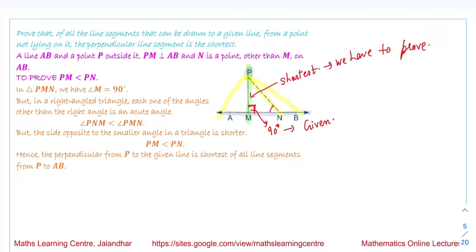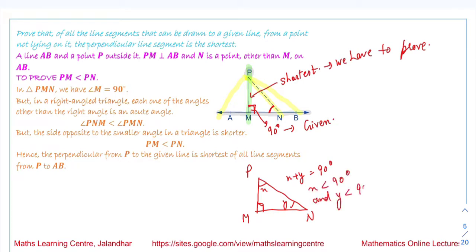We are considering the triangle PMN. I am saying this angle is 90 degrees, then one thing is sure, that the sum of these two, X and Y, is 90 degrees. It is a triangle. It means X is less than 90 degrees and Y is less than 90 degrees. It means this angle Y is always less than this angle.